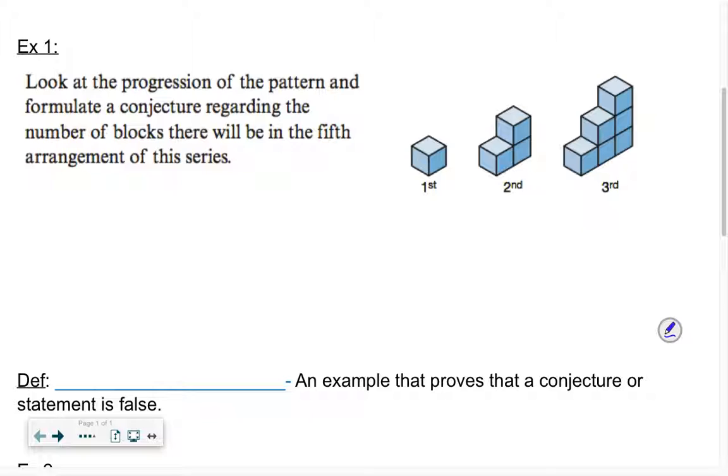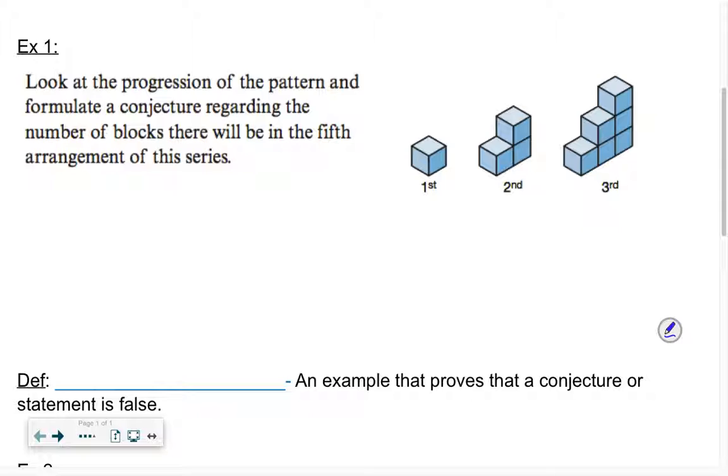So example number 1, here's an example of our step-by-step process that we have here. We want to look at the progression of the pattern and formulate a conjecture regarding the number of blocks that there will be in the 5th arrangement of this series.